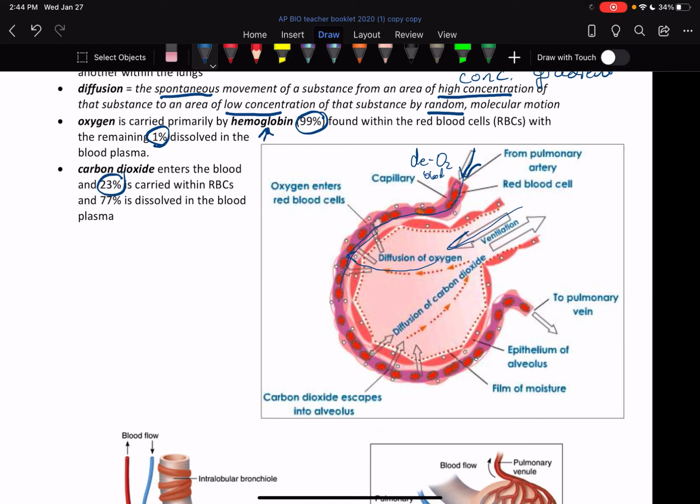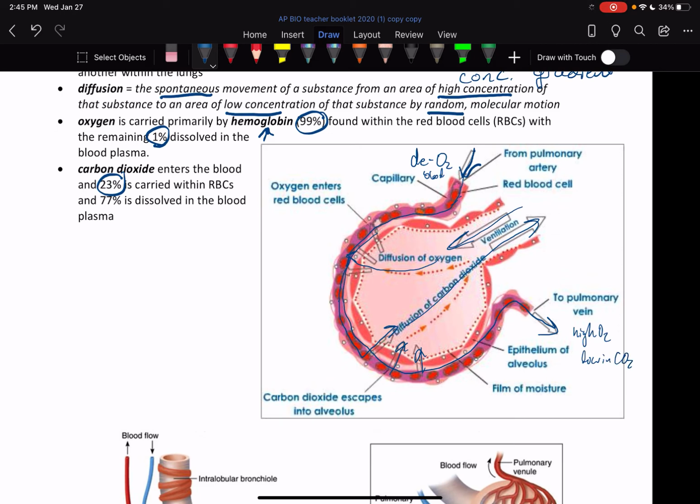So as we come around, we're also going to drop off lots of CO2, because it's really high in this blood. It's going to escape into the alveolus, and then that CO2 is going to be exhaled. After the blood passes by the alveolus and goes to the pulmonary vein back to the heart, it's going to be very high in O2 and low in CO2.